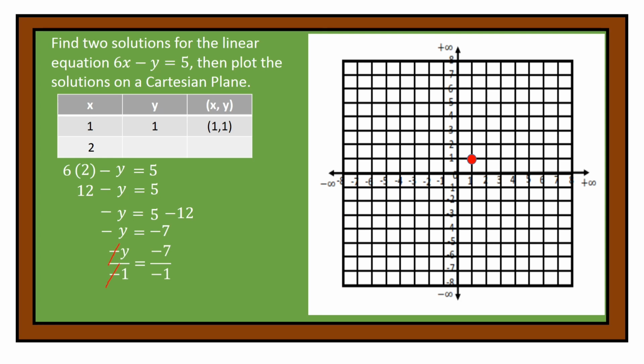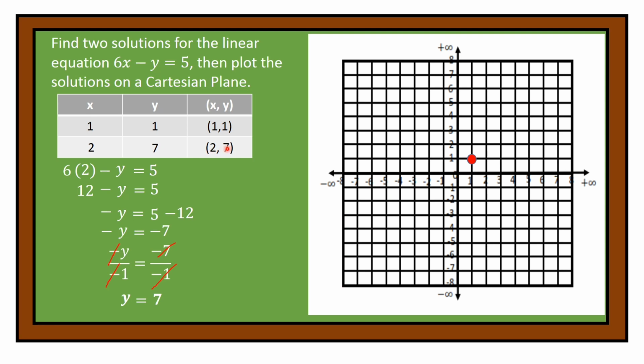And the negative 7 over negative 1 will be equal to positive 7. So our answer is y is equal to 7. So it means that if x is equal to 2, the value of y is equal to 7. And our solution is 2, 7.